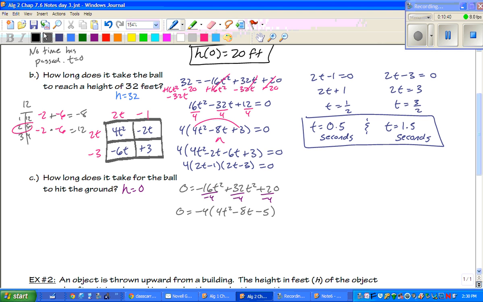And then that's where you come over to the other side, and we want to do the factors of 20. So 1 and 20, 2 and 10, 4 and 5. And out of those, which ones add up to -8 and multiply to -20? That's 2 and -10.